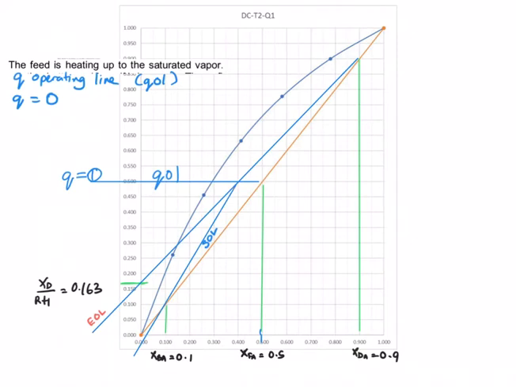Remember, to draw the stages, you need at least 2 operating lines, so that you can draw the third operating line where both earlier operating lines meet. So you're going to draw your operating line which intercepts the 2 earlier operating lines.